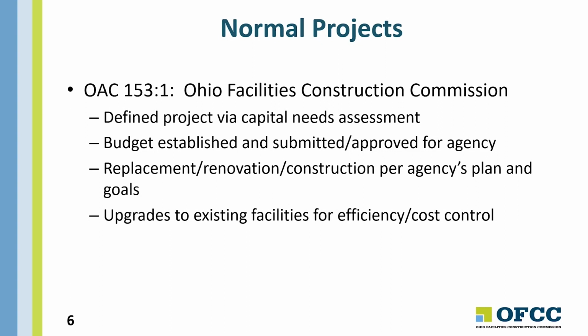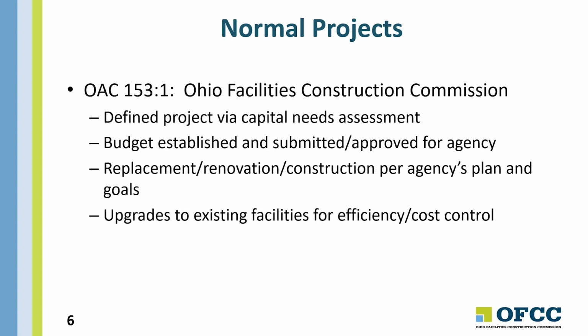Capital budgets are approved in even numbered years, and operating budgets are approved in odd numbered years. Every 2 years, an agency or institution will submit their budget and their 5-year plan or 6-year plan, maybe. That talks about what they want this year and what they're anticipating needing for the subsequent 2 biennia.